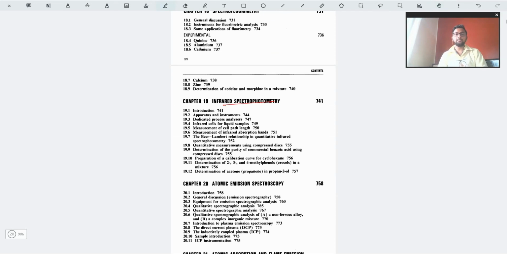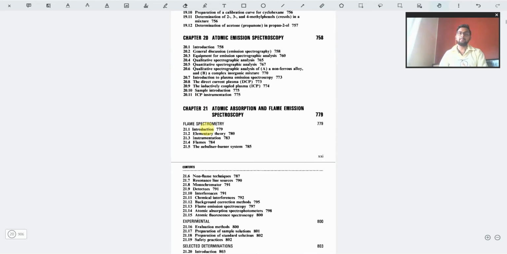Infrared spectroscopy is also a continuation of the Beer-Lambert law, and it is used for calculation of certain peaks. Infrared spectroscopy is used more for organic purposes and less for inorganic purposes. Now we have atomic emission spectroscopy and atomic absorption spectroscopy.